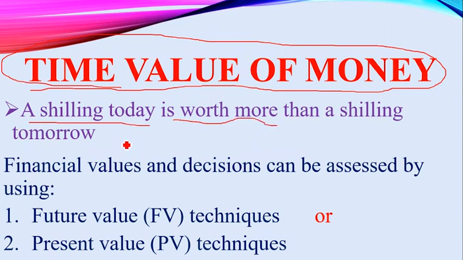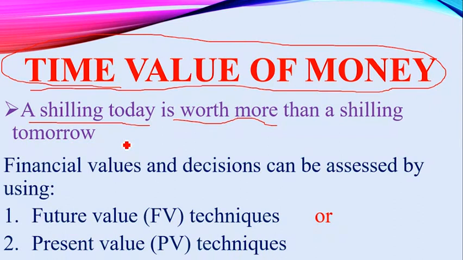What does that mean? Take for instance a 1,000 shillings note. If you were to buy items 10 years ago, you would acquire several items using a 1,000 shillings note. But currently, if you go to the supermarket with a 1,000 shillings note, how many items can you acquire? Previously, you would have purchased several items. You even needed a trolley to carry the items bought with 1,000 shillings.